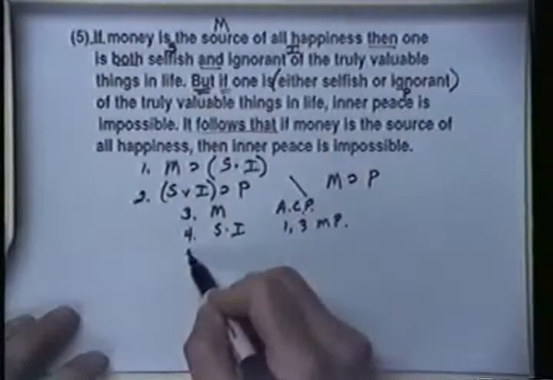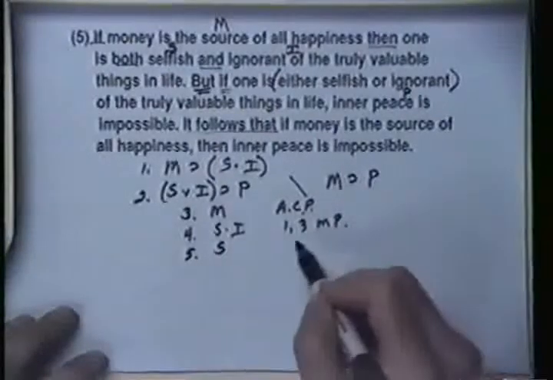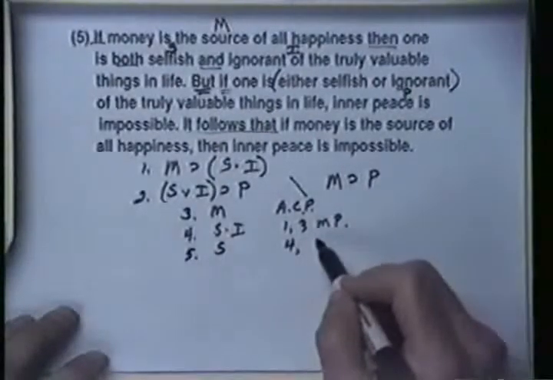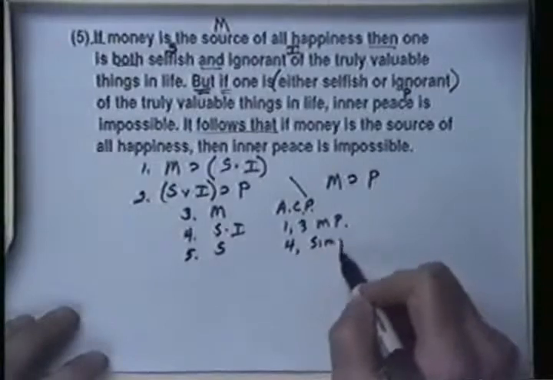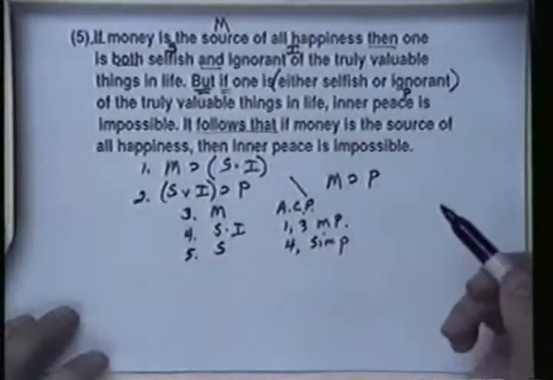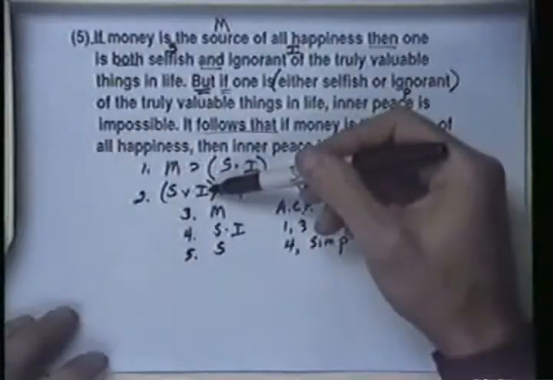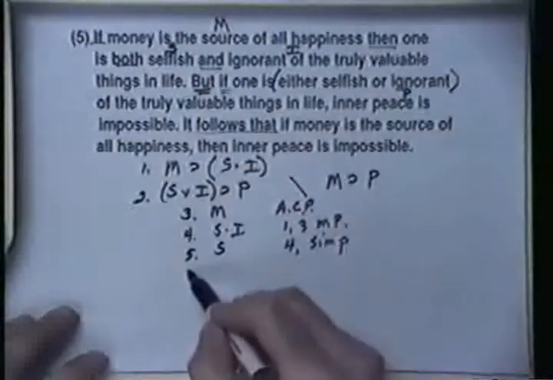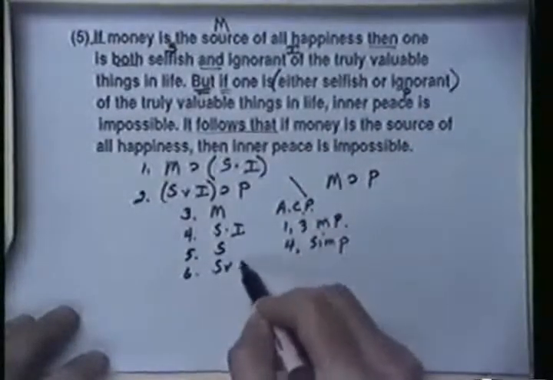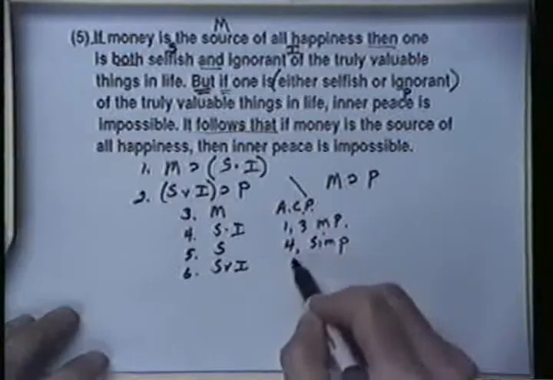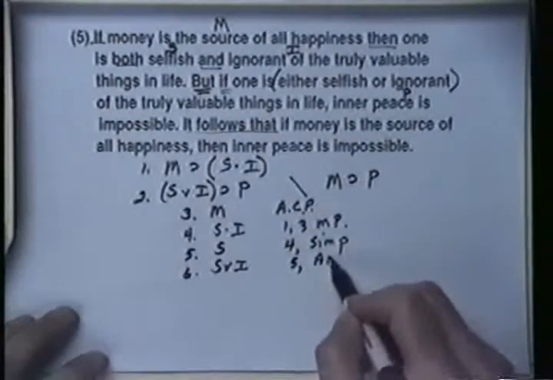And that helps because that gives us S by itself, simply from line 4 and simplification. That will generate S or I, right, by line 5 and addition.